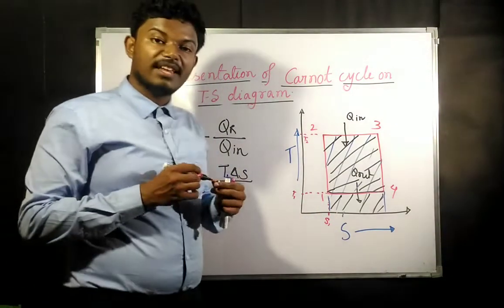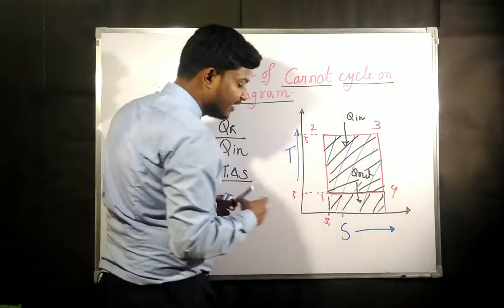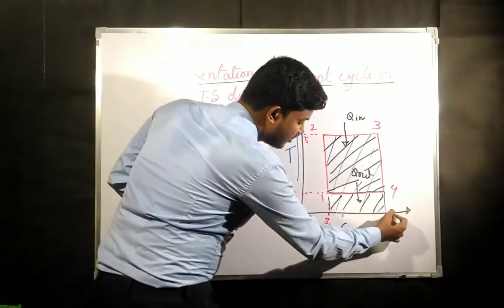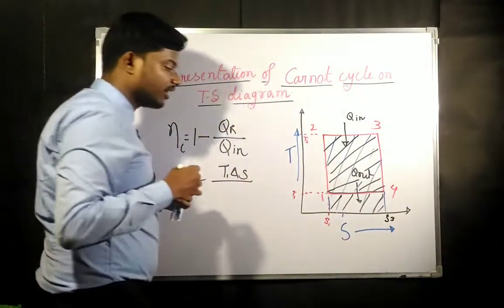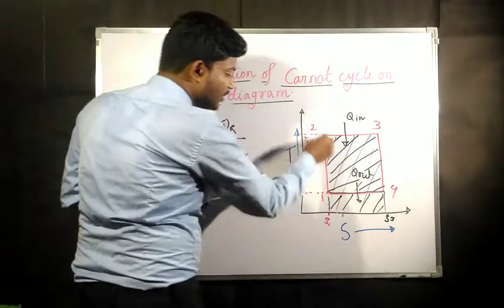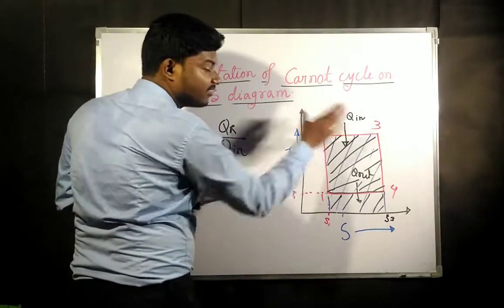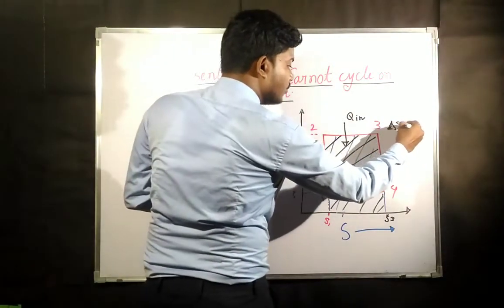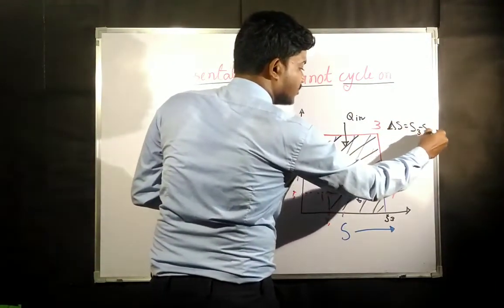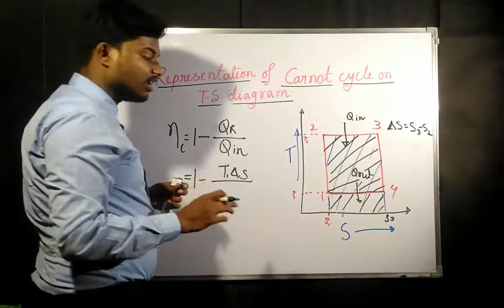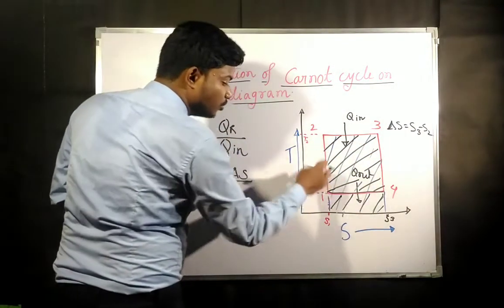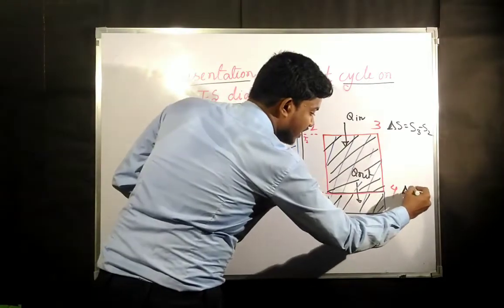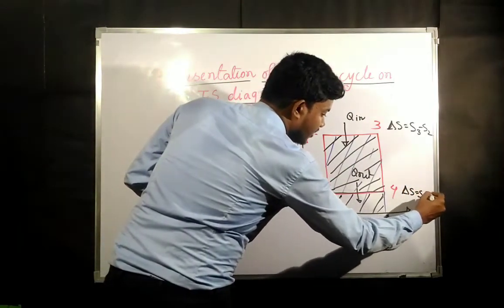Del S is going to be the same for both the cases. Suppose this is S3. Since this is isentropic, for this process the change in entropy is del S equal to S3 minus S2. Here also, since both these processes are isentropic, del S is going to be S4 minus S1.